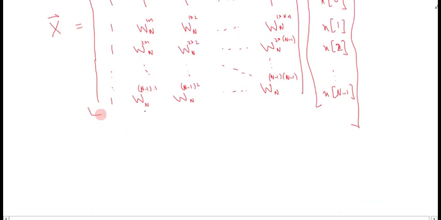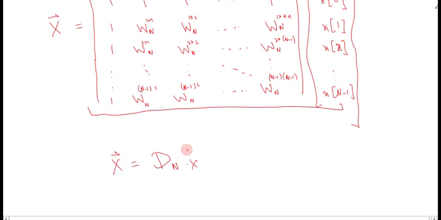So this matrix is represented with dn. I am representing this vector x, which is your time domain signal, and this is your Fourier transform capital X. So in matrix form, you can represent your discrete Fourier transform like this.